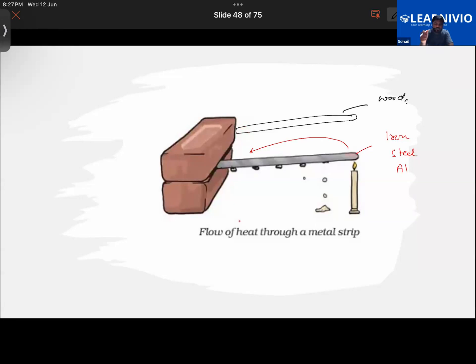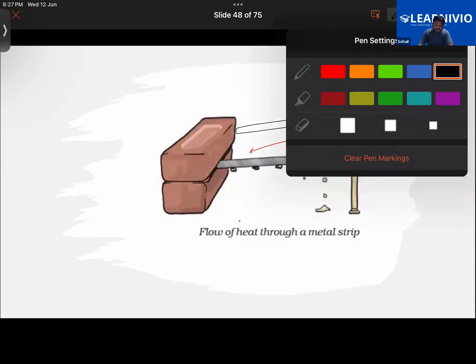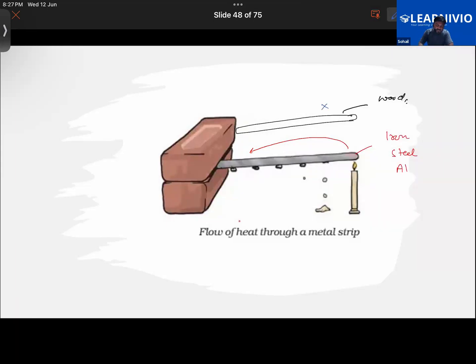Have you ever tried holding a stick into the fire? No, sir. That does not happen, because it does not allow the heat to pass to the other end. So that is an insulator, a bad conductor of heat, which does not allow heat to pass from one place to another.